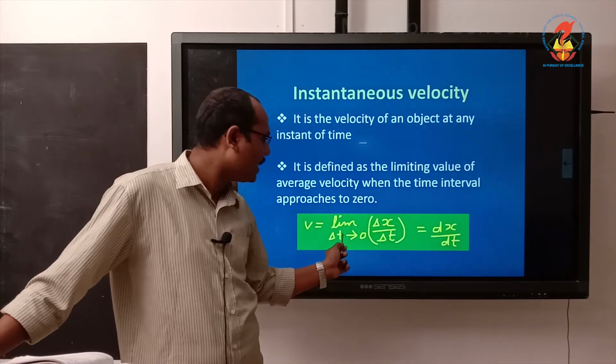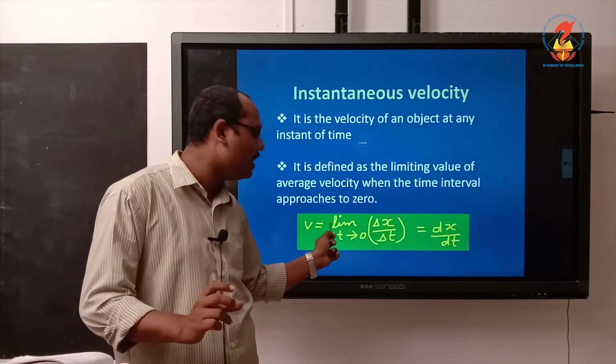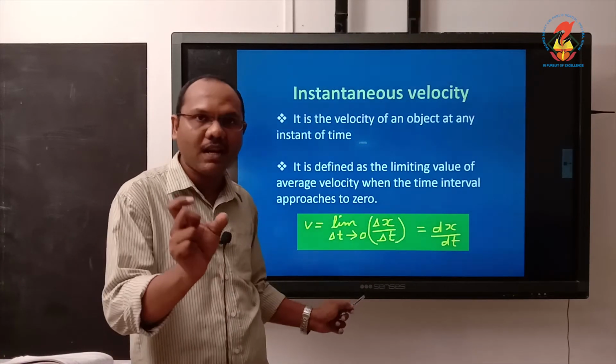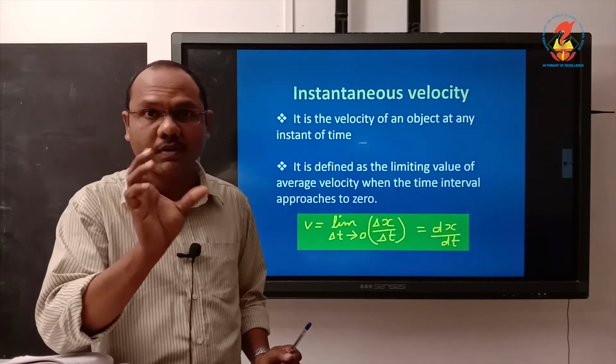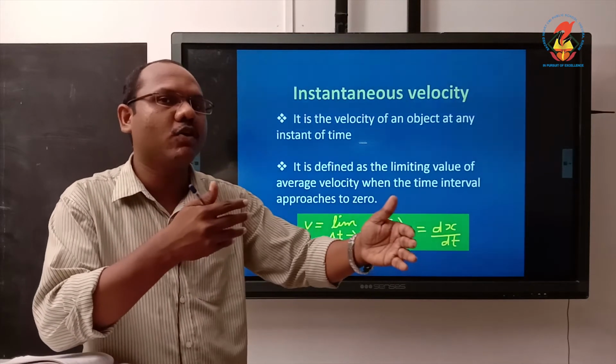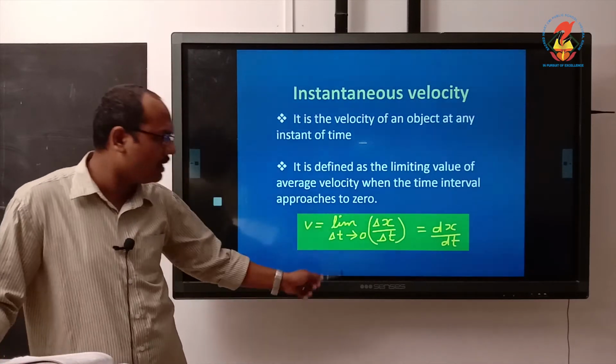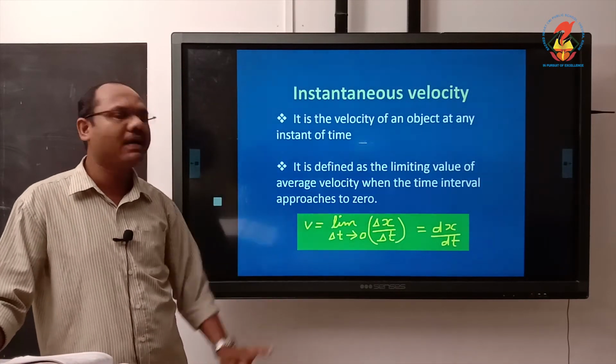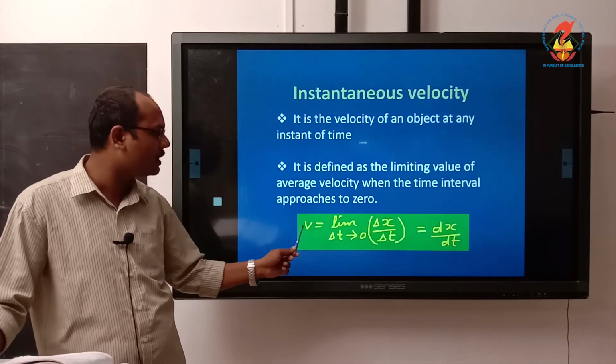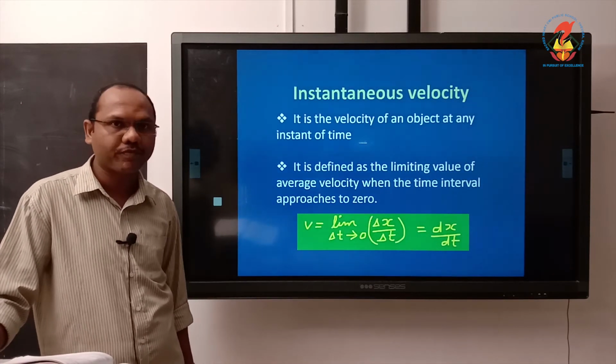We are limiting the time interval to 0, like 1 second each, a very small time interval. Within that time interval, x2 minus x1 by t2 minus t1 is called instantaneous velocity v.